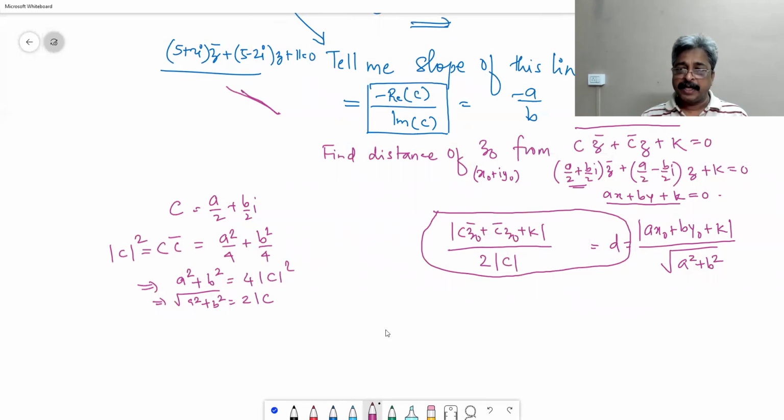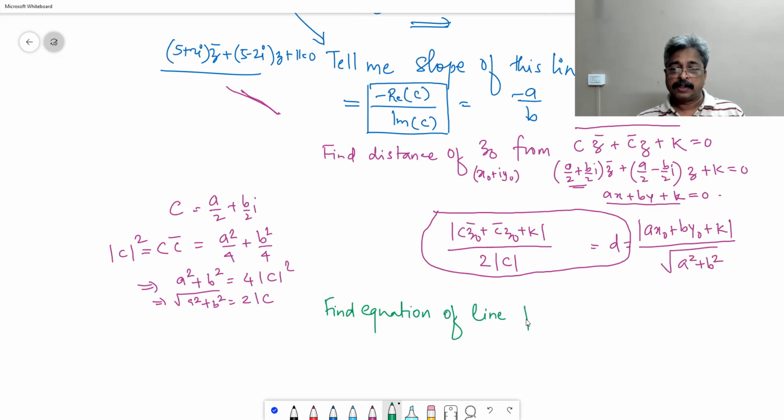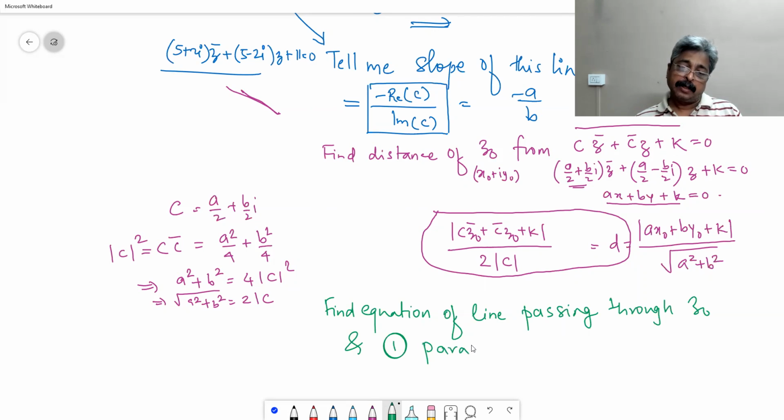Next, if I say find the equation of a line passing through z naught and parallel to c z bar plus c bar z plus k is equal to 0.